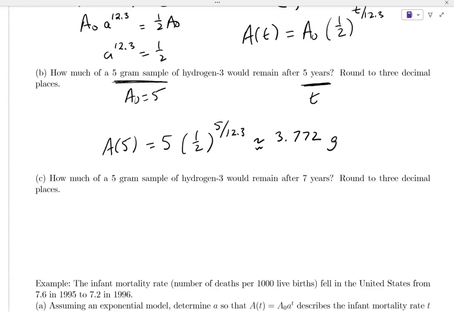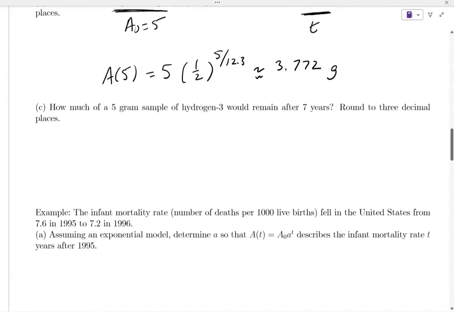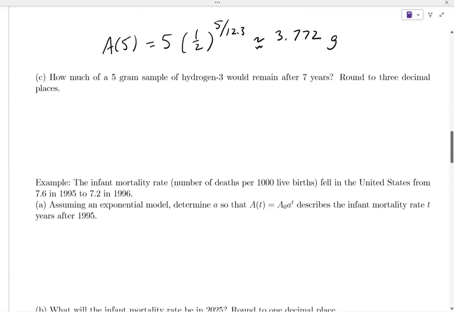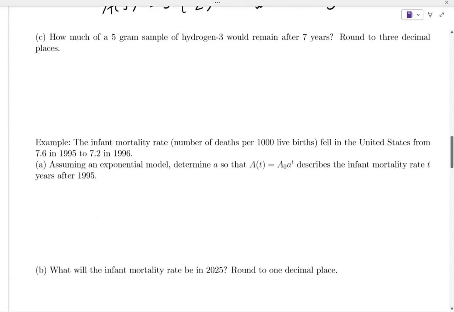Questions on that one? Okay. So the next one's a little bit different. The next one we have infant mortality rate given to us by deaths in each 1,000 live births in the United States.